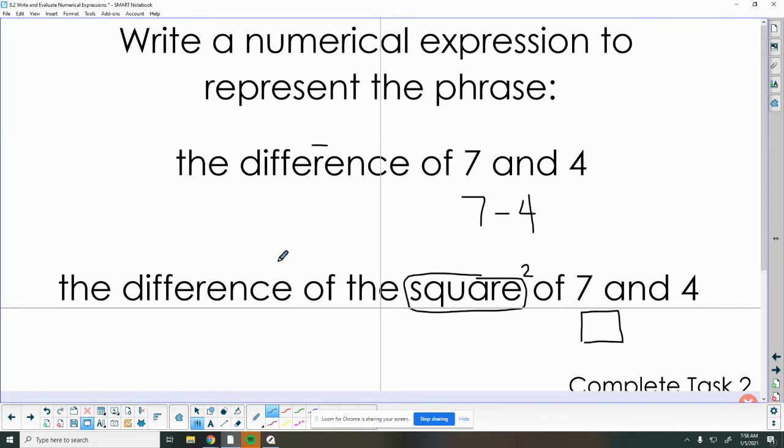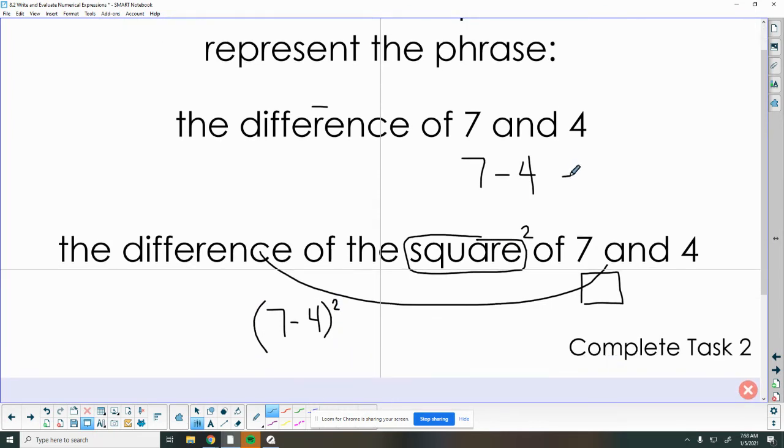So the difference of the square of 7 and 4. I still need that difference of 7 and 4. And if we want to do that first, we need to put parentheses around it. And then we'll find the square of that.